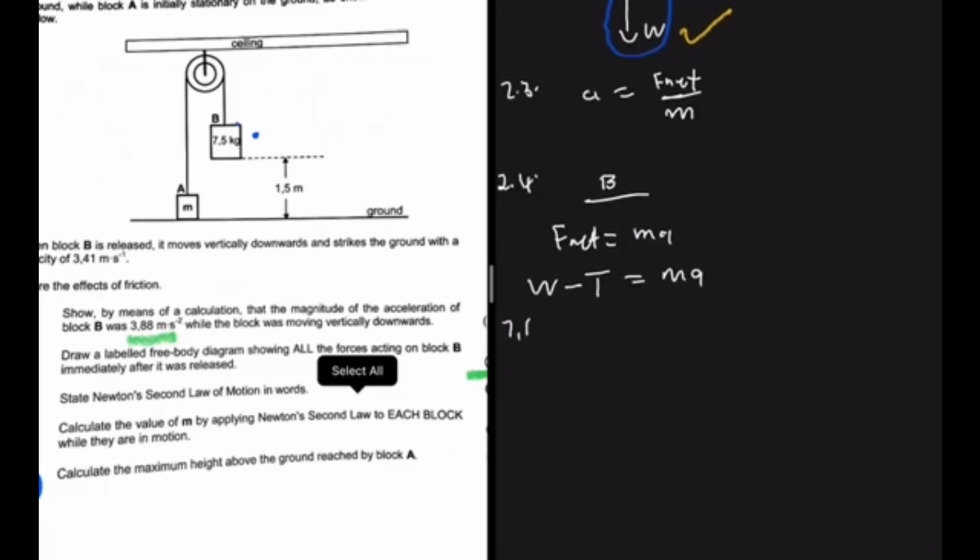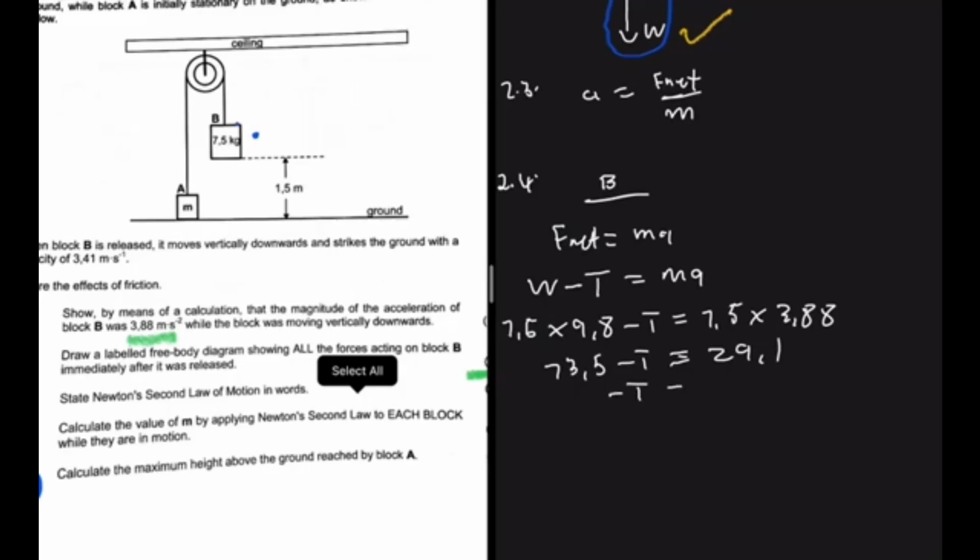The weight is 7.5 multiplied by 9.8, minus tension is equal to the mass, which is 7.5, multiplied by our acceleration, which is 3.88. So what is 7.5 multiplied by 9.8? That is 73.5. And then minus tension is equal to 7.5 multiplied by 3.88, which is equal to 29.1.